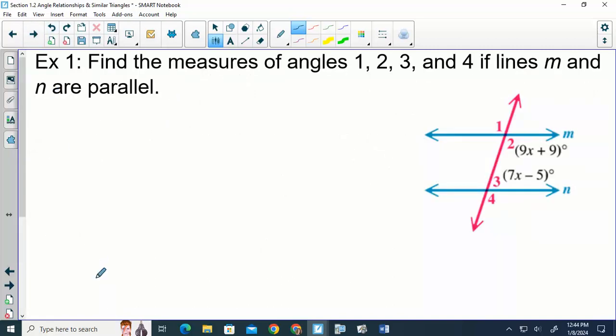So let's look at this problem. I want to find the measures of angles 1, 2, 3, and 4 if lines M and N are parallel lines.